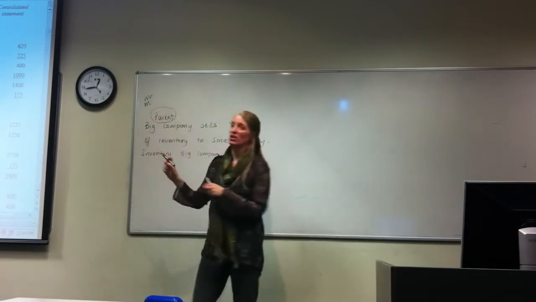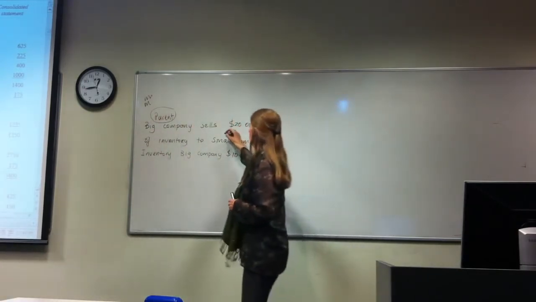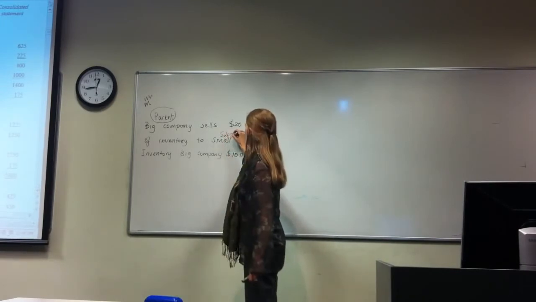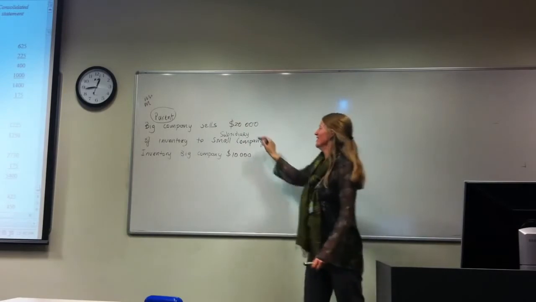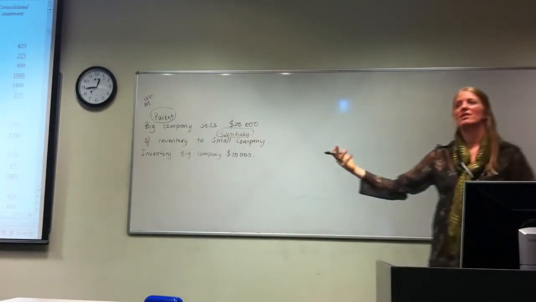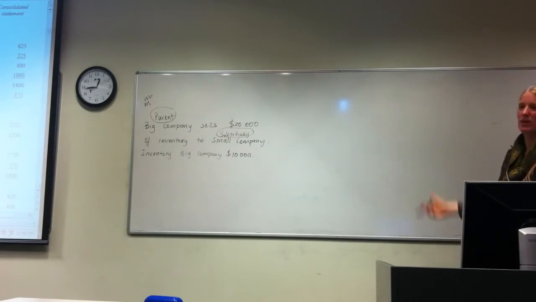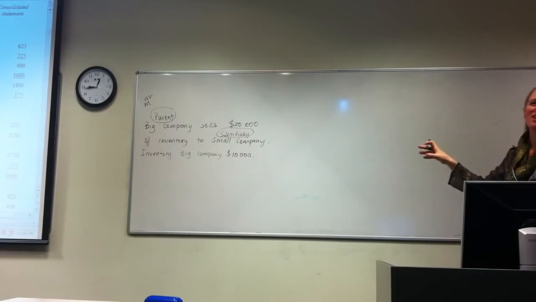The parent company owns shares in Small Company, which is what we call the subsidiary company, or the subsidiary. Generally, if a company owns greater than 50% of the shares of another company, then we call the company that owns the shares the parent company, and the company that they own the shares in, we call the subsidiary.